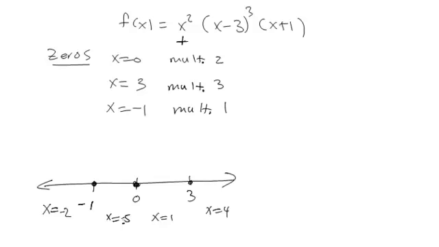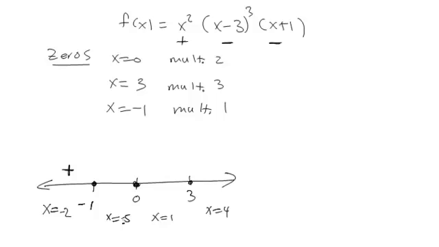Now if I sub -2 into the second factor, that'll be -5, and -5 to the third stays negative, because anytime you cube something negative, it remains negative. If I sub -2 into x plus 1, that's -2 plus 1, which is -1, so that's negative. So I have a positive times 2 negatives, which is a positive, and positive times a positive is a positive. So everything to the left of -1 is positive.